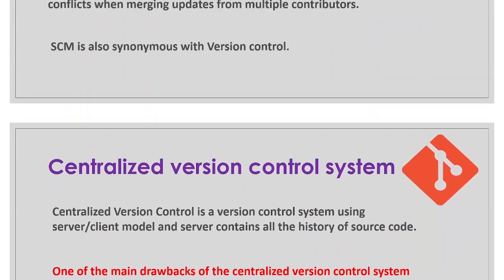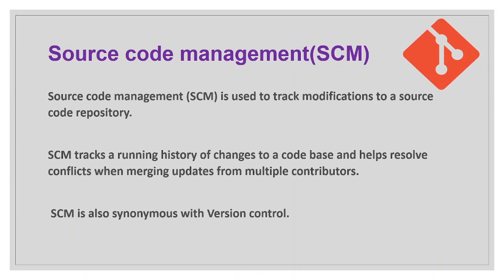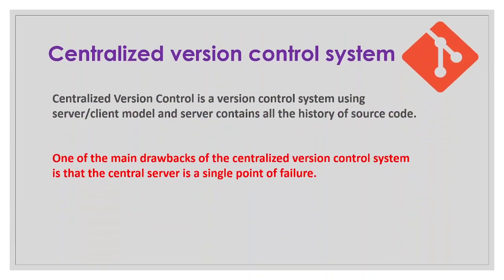And even in version control, we have two different systems. One is the centralized version control system, which works like a server and client architecture.